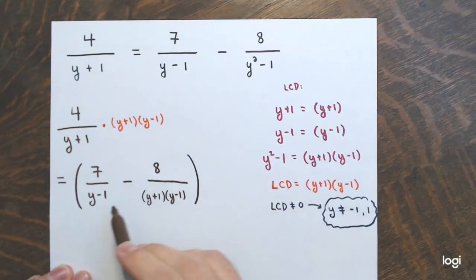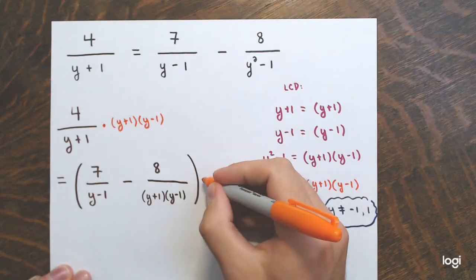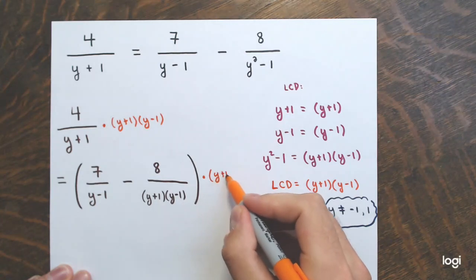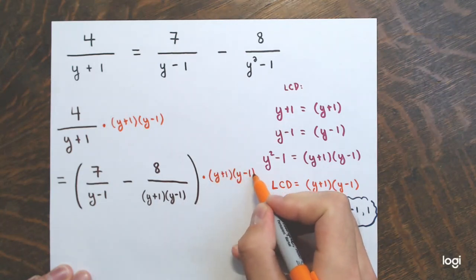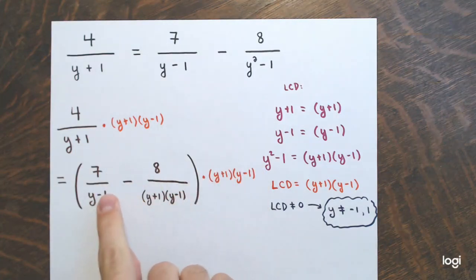So there's the right side, and it is being multiplied as well by the LCD, this y plus 1 times y minus 1. All right. So there's going to be some distributing involved because there are multiple terms. And again, like the first example, the whole reason for multiplying by this LCD is to eliminate denominators.